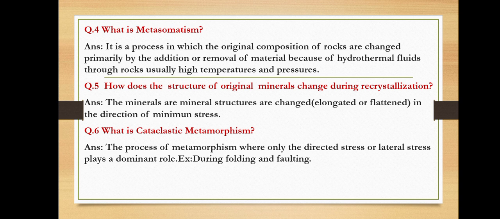During the process of recrystallization, the minerals tend to change their structures. They will be either elongated or flattened, or oriented in any other form in the direction of minimum stress.